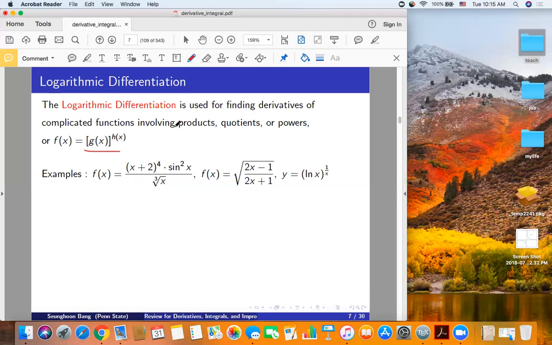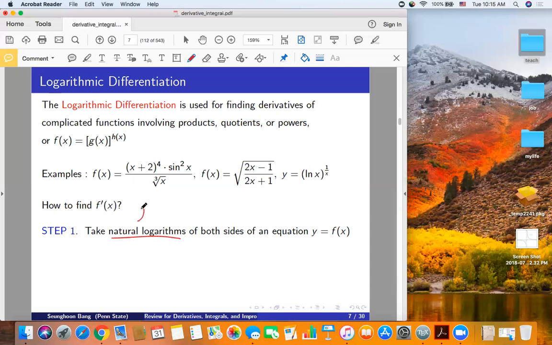So we follow 3 steps. Step 1: take natural logarithms. The natural logarithm is ln. Take ln of both sides of the equation y equals f of x, and use the laws of logarithms to simplify.